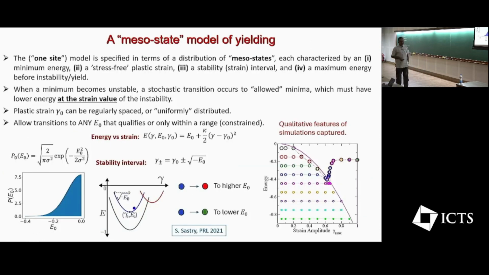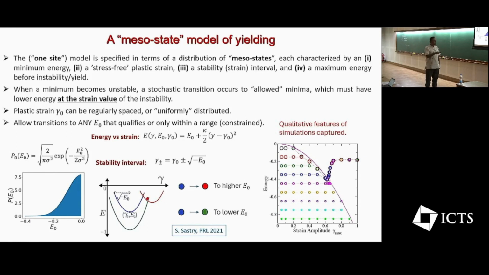So the basic idea is if you want a model which describes this observed phenomenon of mechanically induced annealing, you must think in terms of your system as having a distribution of energy states. So there's a density of states, and then you further need to have some description of local elasticity, so that if you deform the system by small amounts, you will have some elastic response.